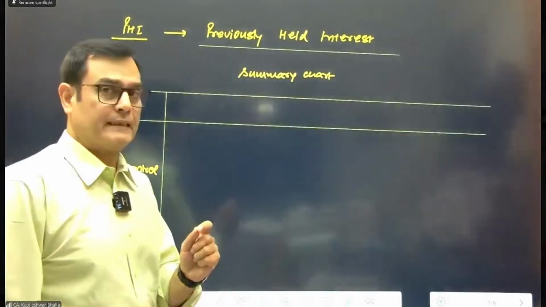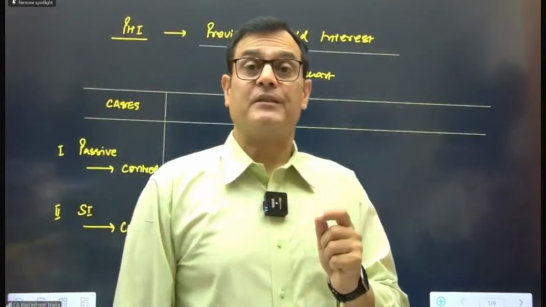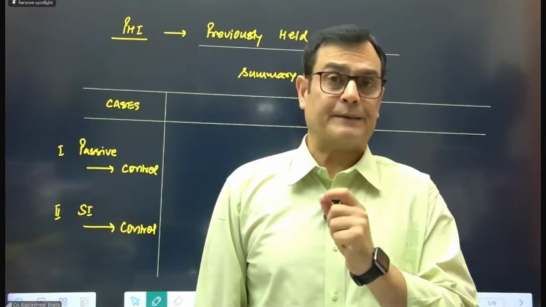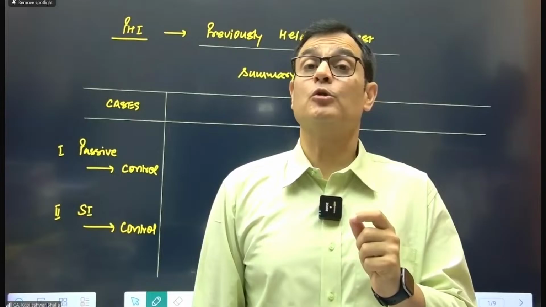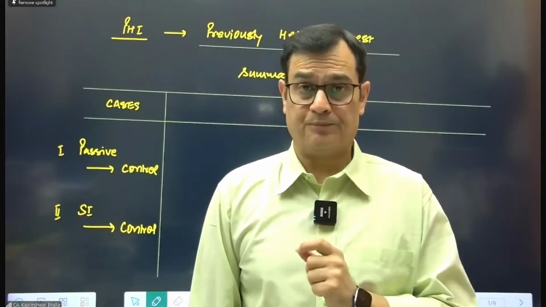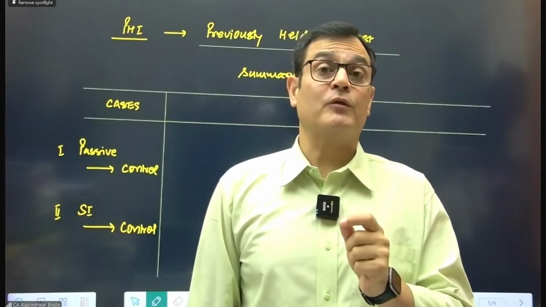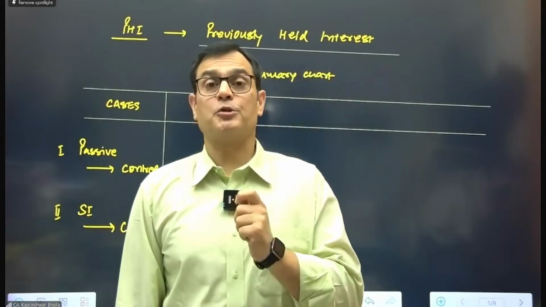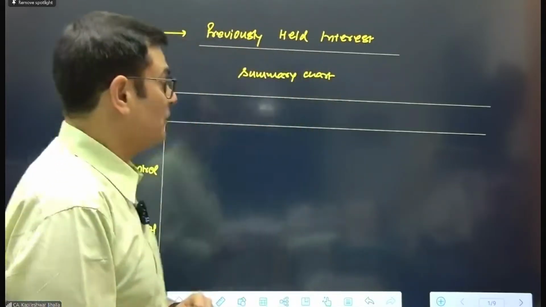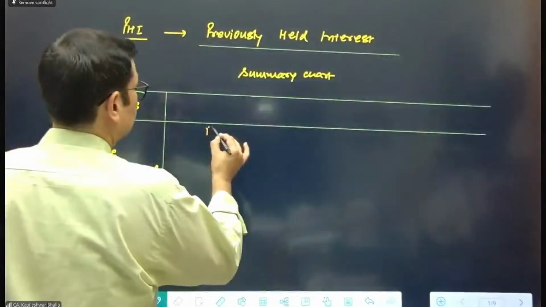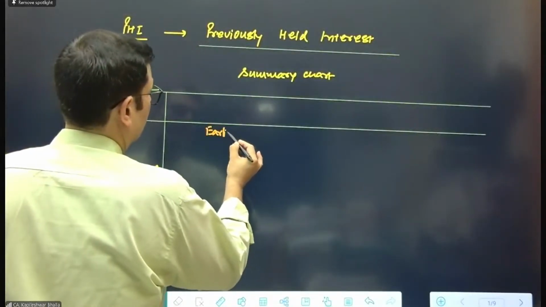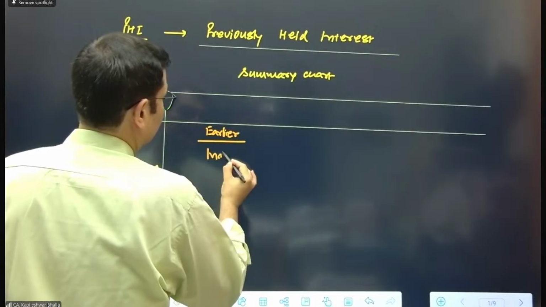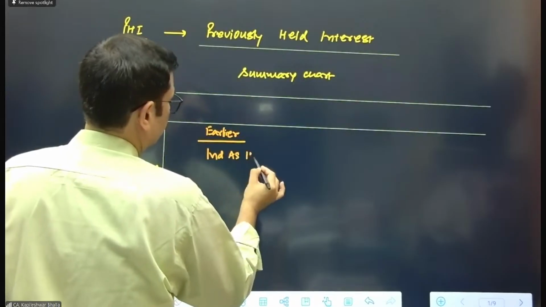Now, what you need to relate is, if it is a passive investment, we are covered under Ind AS 109, and we are switching over to the concept of control. If it is a significant influence, you are covered under Ind AS 28, and you're switching over to the concept of control. In this case, the earlier accounting is in terms of Ind AS 109.